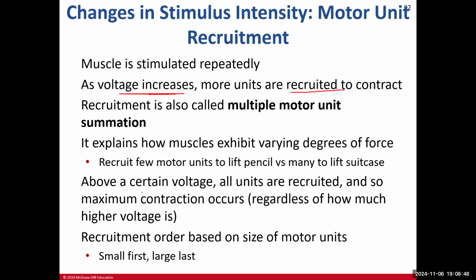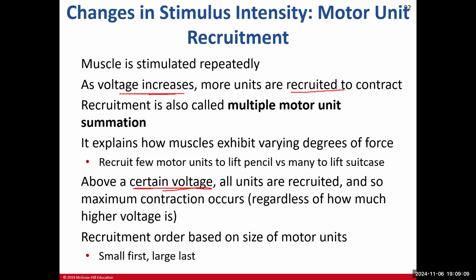Right? So what we're going to talk about is, when we get over that minimum voltage value, we're going to see recruitment of more muscle fibers increase until eventually we've recruited all of them. So we're going to plateau, essentially.